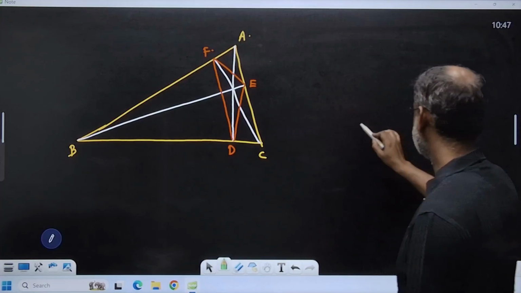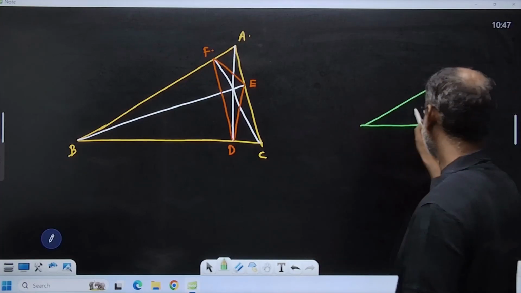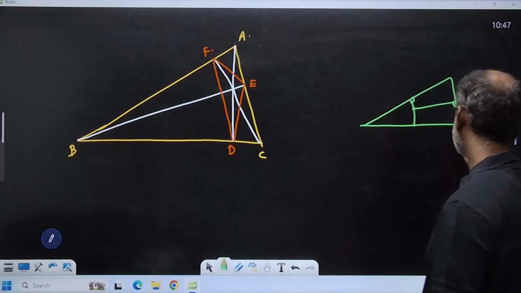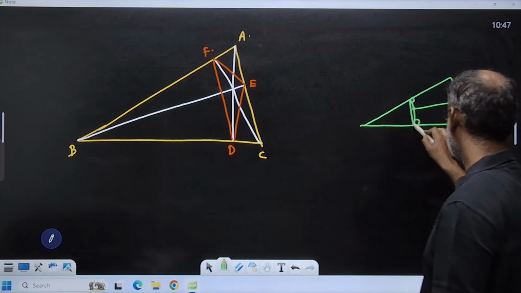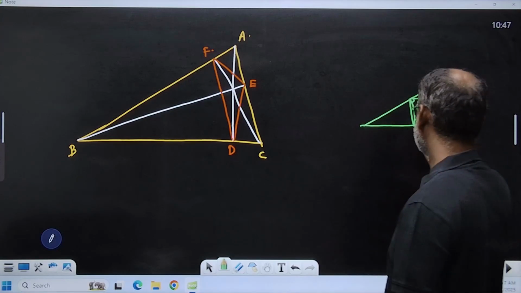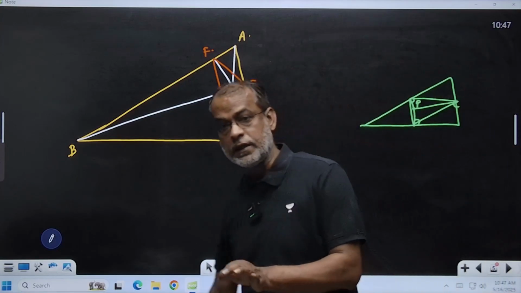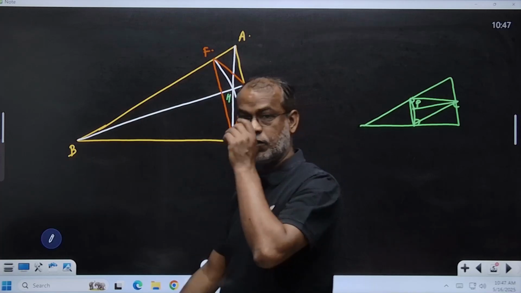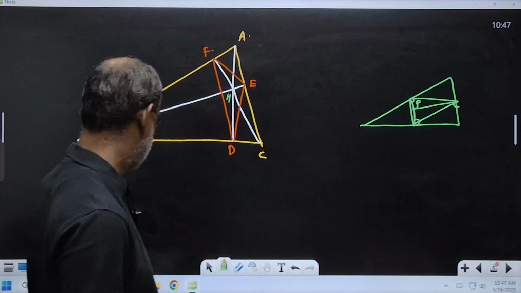Pedal triangle is, see, for a pedal triangle, from any point if you draw perpendiculars to the sides and join them, this is called the pedal triangle with respect to this point P. So, this orthic triangle is nothing but the pedal triangle with respect to the orthocenter. Okay.